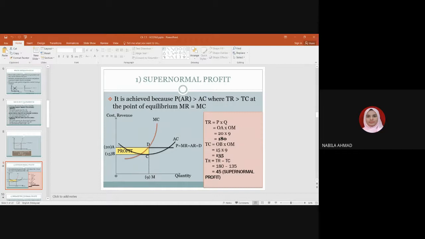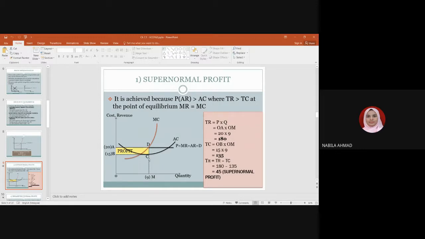So this is the demand curve. Okay, horizontal. Dan kita ada warna merah ni marginal cost. So equilibrium berlaku at point D di mana MR equals to MC. So berapakah price? The equilibrium price is 20 and the equilibrium quantity is 9. So now kita nak tahu ni supernormal ke, subnormal ke ataupun normal profit.